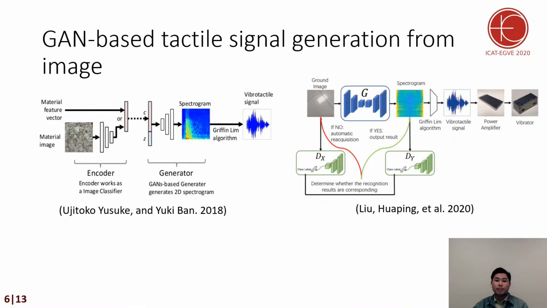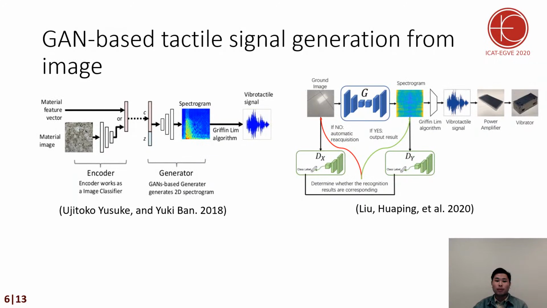As a preliminary attempt, Uchitoko and Ben presented TactGAN, or verbal tactile signal generation from texture surface images or label attributes using GANs. TactGAN defines the acceleration-based verbal tactile signals as an amplitude spectrogram and trained a GAN-based pipeline to synthesize the spectrogram.